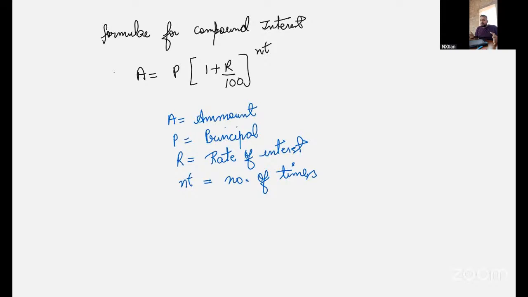Okay, I'll ask this question from Abraham. Abraham, if it is compounded semi-annually and the time period is 1.5 years, how many times will you calculate interest?